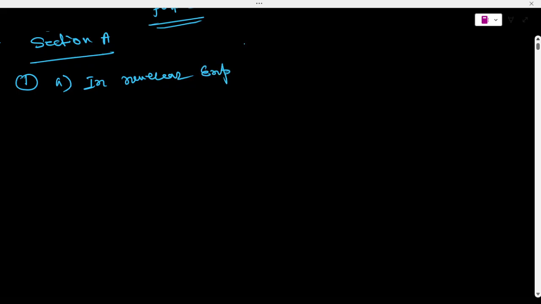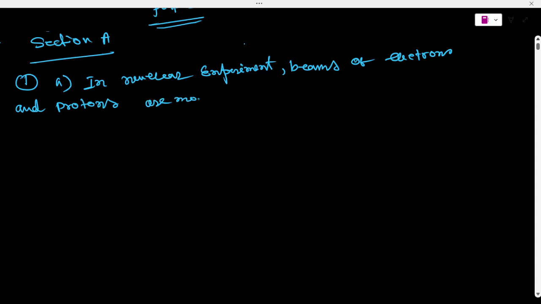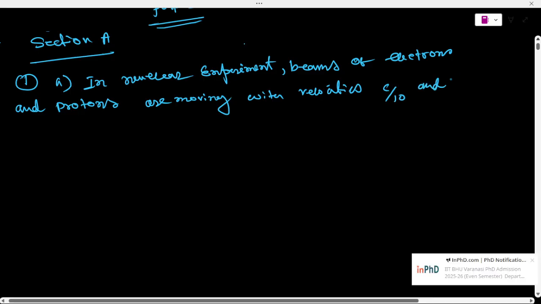In a nuclear experiment, beams of electrons and protons are moving with velocities c by 10 and c by 20 respectively.